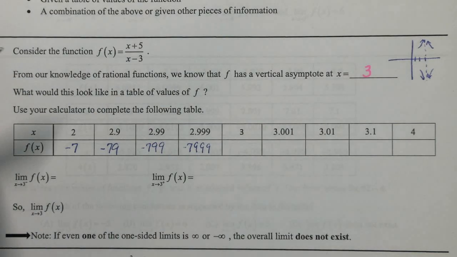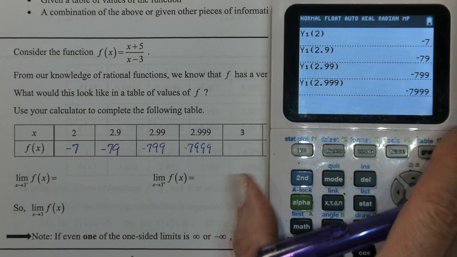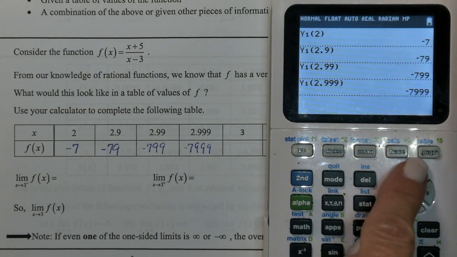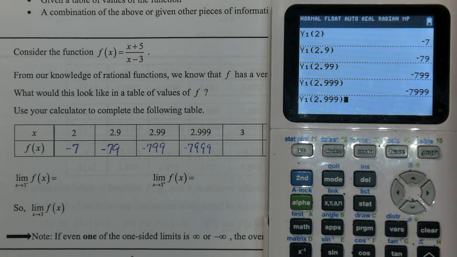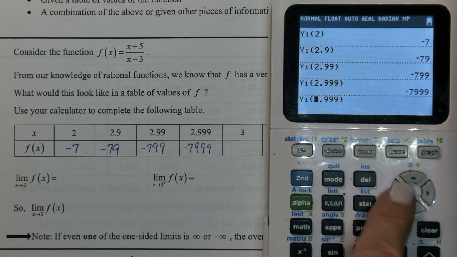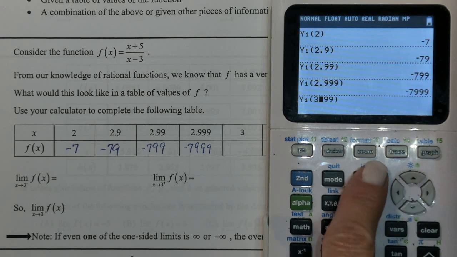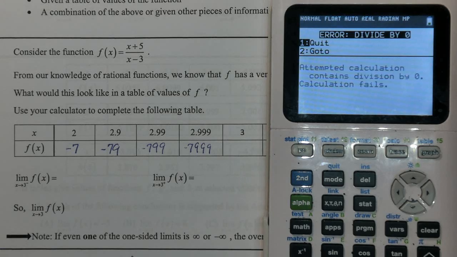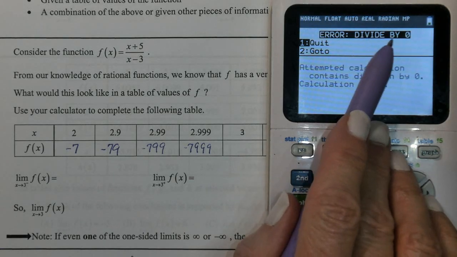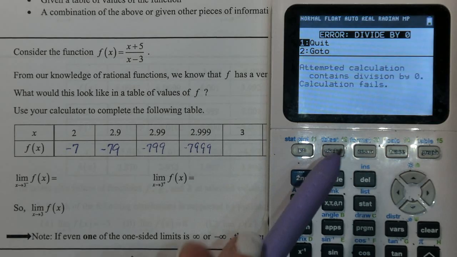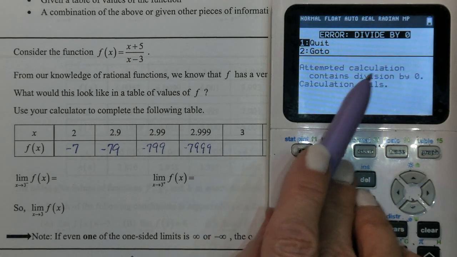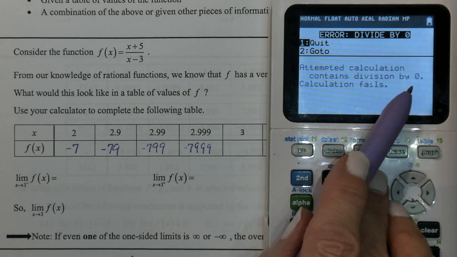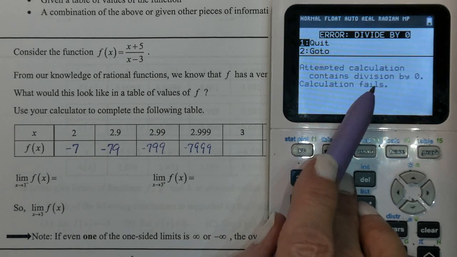So at 3, what's it going to give me? An error. It's a division by 0 error, right? Attempted calculation contains a division by 0, so the calculation failed.